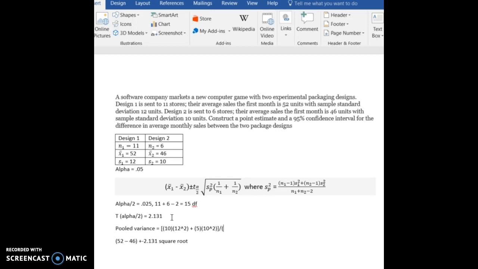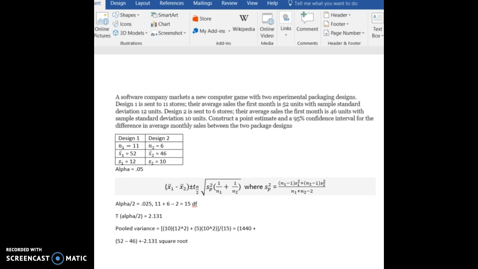our n1 plus n2 minus 2, which is really our degrees of freedom, notice. So I'm just going to put 15 since we already did that calculation. So on the top I've got 10 times 12 squared. Well, 12 squared is 144 times 10 is 1440.